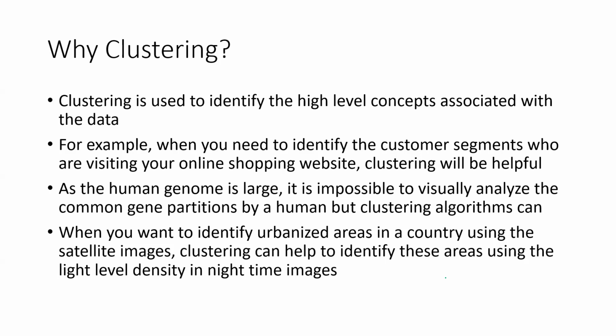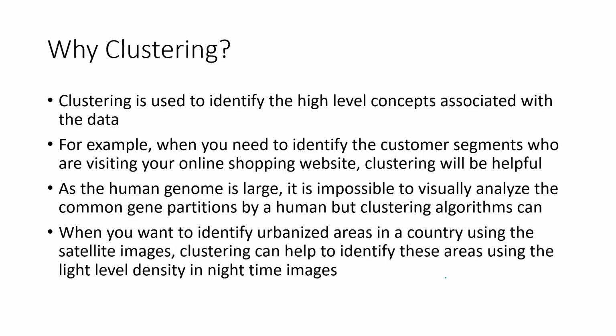For example, you can find what the similar genes are. Similar genes may be doing a similar kind of functionality, like metabolism in the human body, reproduction, or cellular communication. So for each of the biological operations, similar genes may have similar functionality.